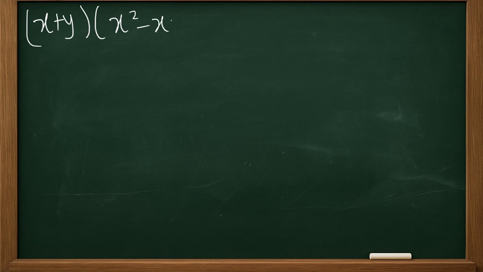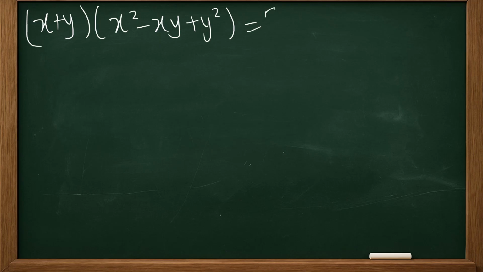Now, recall that we have x plus y, and also we have x squared minus xy plus y squared, equals 7 times 13.